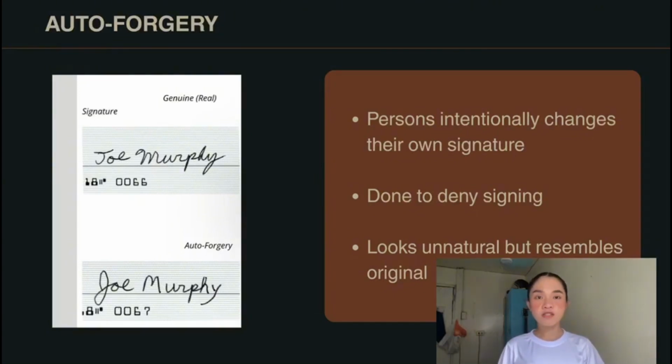So this happens when a person intentionally changes their own signature to deny it on purpose. So it looks similar but has unusual differences. For example, nangutang ka and then nag-promissory note ka nga mobayad ka inig ka pitsa 15 pero pag-abot sa pitsa 15 wala ka nagbayad, kabalo ka sa imong self before ka nag-promissory note nga di ka kabayad ana.